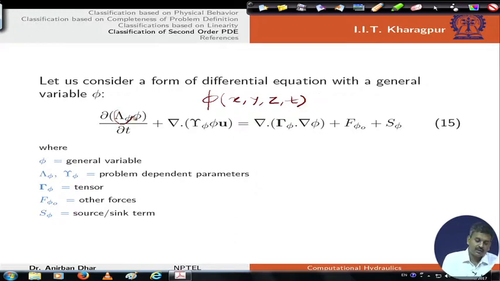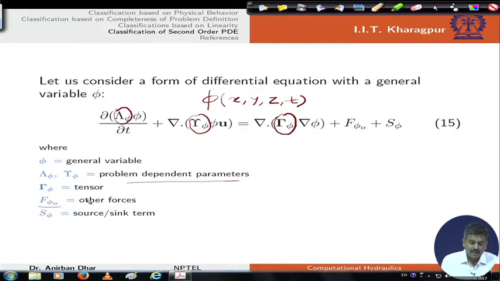Lambda phi and epsilon phi are problem dependent parameters, and gamma phi is a tensor equivalent to the diffusion tensor.